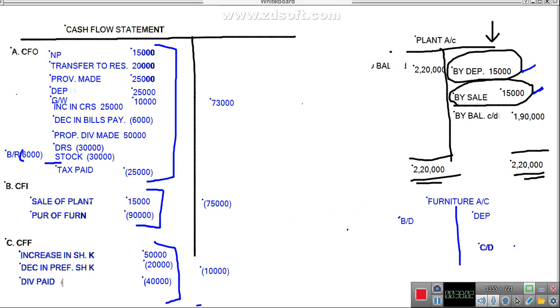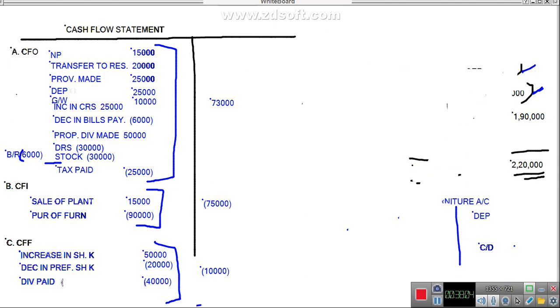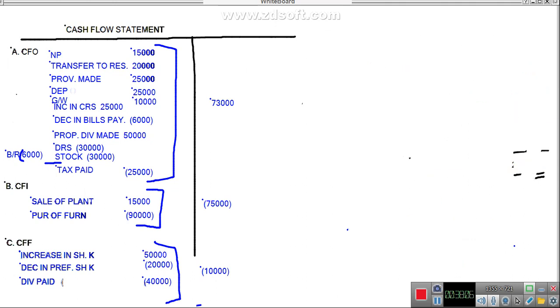Now after this, in this format, what you are supposed to do? Club A plus B plus C, all the components, to find out the net amount. Means cash flow from operating activities, investing activities, financing activities. Now add its net amount.